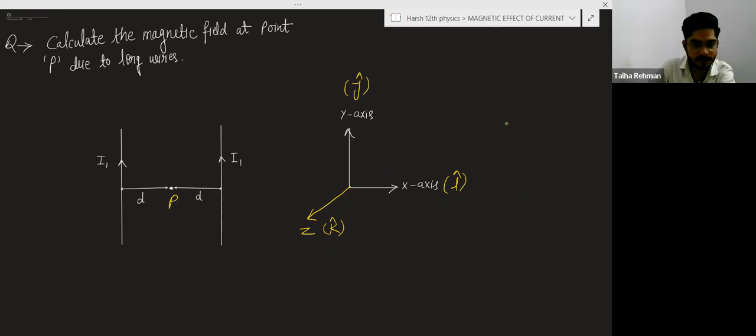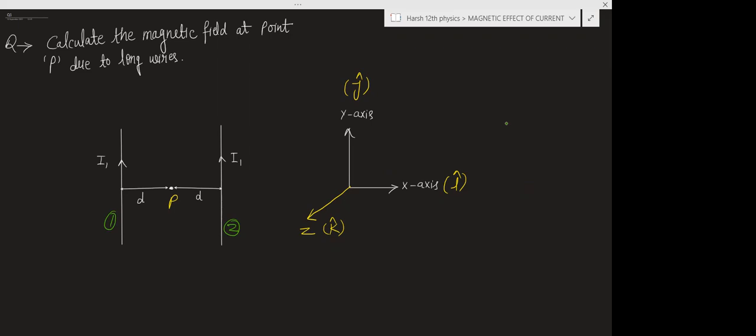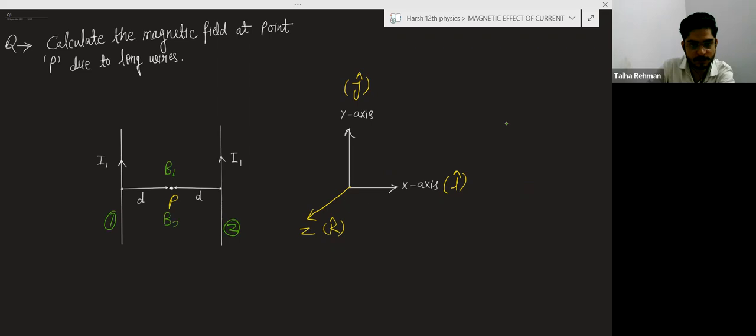Now you can suppose this as the first wire and this as the second wire. The magnetic field due to the first wire you can suppose as B1, and B2 due to the second wire, in vector form.